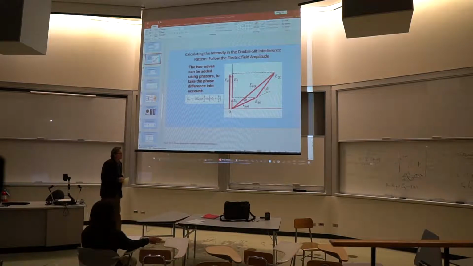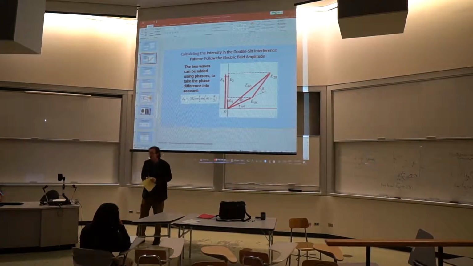There's a theorem that uses what's called the phasor diagram.